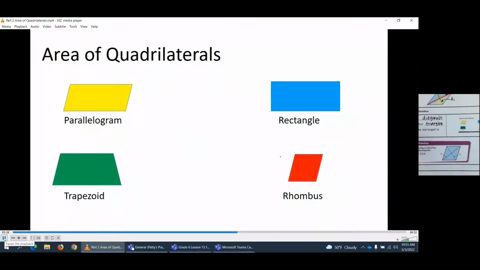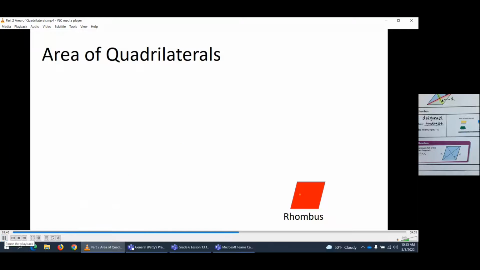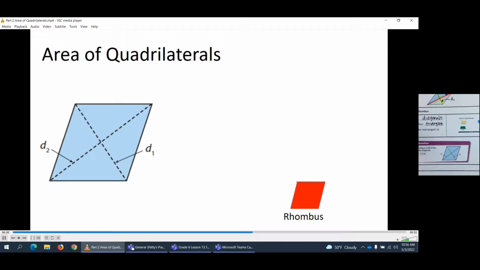Our next shape, which is rhombus. Well, look, a rhombus is basically a parallelogram, right? The only special thing about a rhombus is all the sides are the same length. So this top and this bottom are parallel, and these 2 sides are parallel, just like a parallelogram, but it's a rhombus because all of the sides are the same length. Well, we could do the exact same thing.